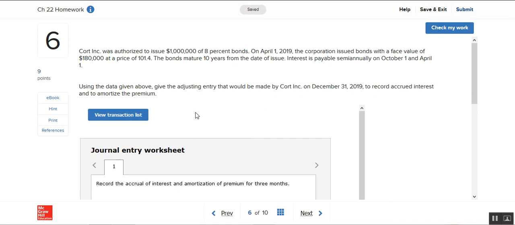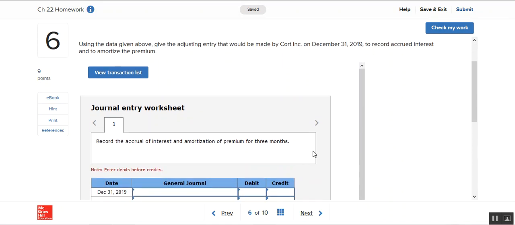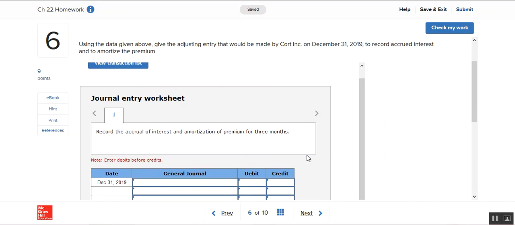Using the data given, give the adjusting entry. We are doing an adjusting entry on December 31st, so watch your dates on these because it'll trip you up. We're recording the accrual of interest and amortization of the premium for 3 months. We're not actually paying anything, we are just doing that adjusting entry.